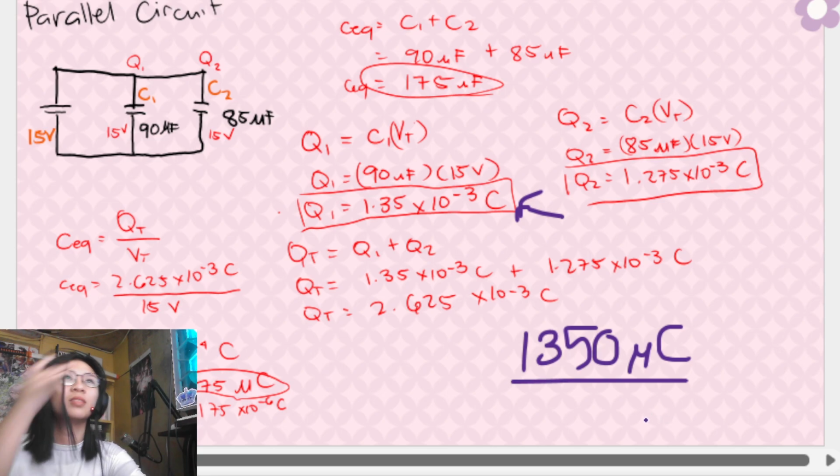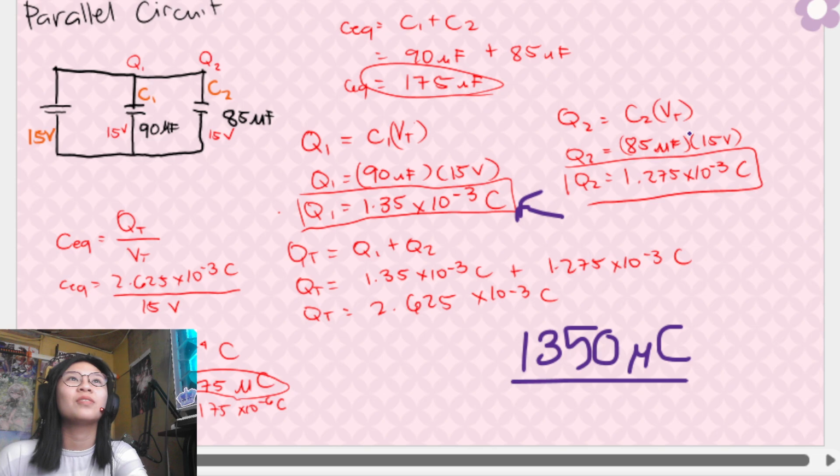Easier. Okay? So next we have the same: Q2 is equal to C2 multiplied by V2. I called it VT here, but still it is V2. Okay, V1 and V2 are the same as VT. So 85 microfarad, then 15 volts. So 85 multiplied by 15 is around 1,275.